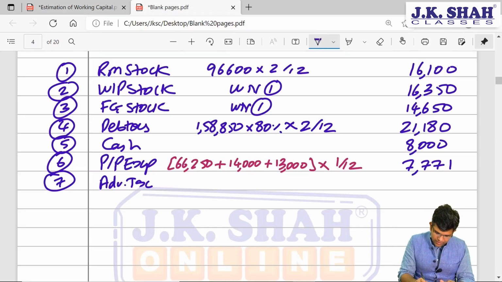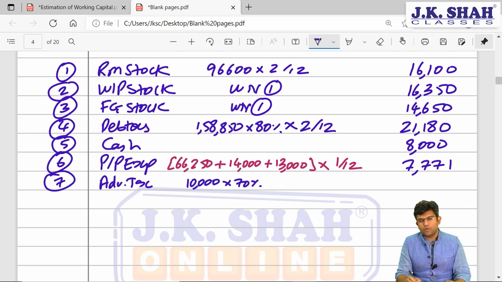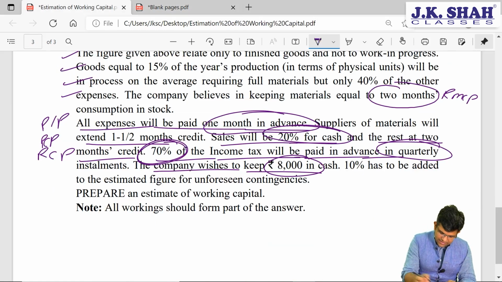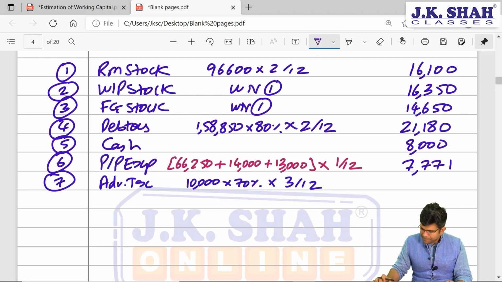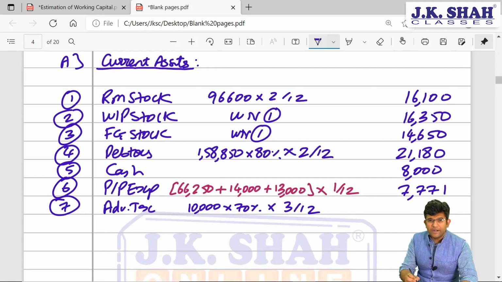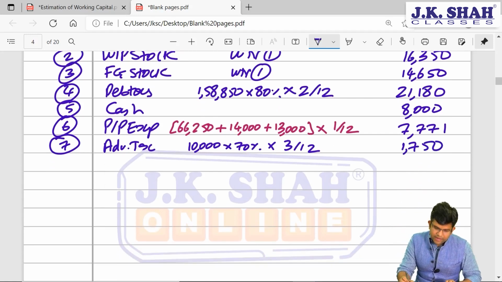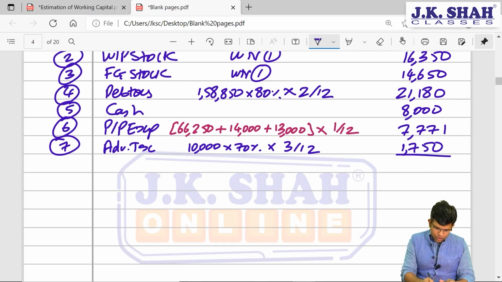So children, 10,000 into 70% is what is being paid in advance, and since it is being paid on a quarterly installment basis, the prepaid will be into 3 by 12. Everybody clear? The prepaid will be into 3 by 12. So basically 7,000 into 3 divided by 12. So that will give you 1,750 as the advance tax. So with that we complete the entire gross working capital.